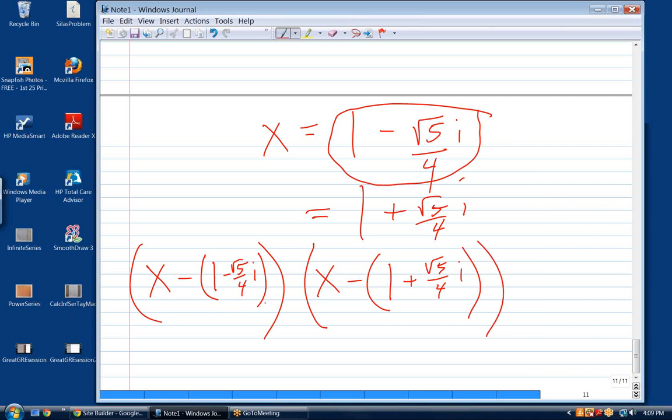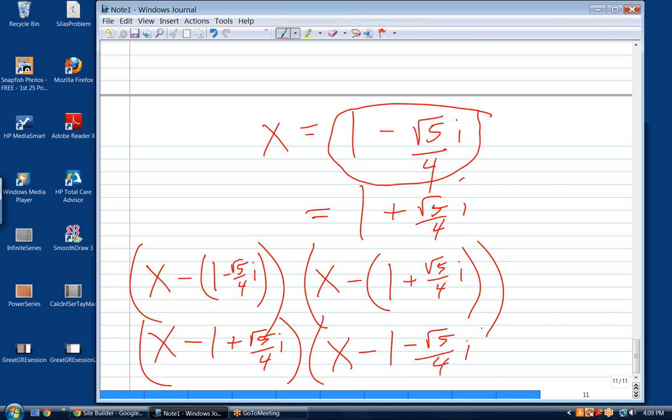And then you'll notice that when we remove the inside parentheses, I end up with x minus 1 plus root 5 over 4i times x minus 1 minus root 5 over 4i. And it always comes out to be like that, so in a way you could just say x minus that and x minus the other one, and you're going to have the right answer. They're in different orders, but that doesn't matter.